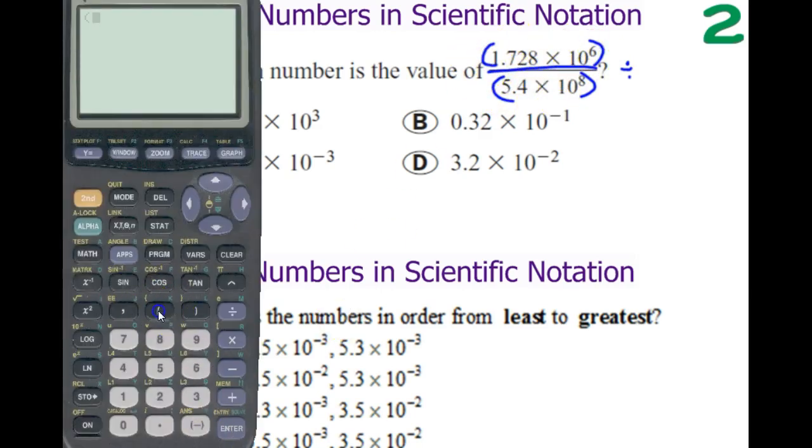So I'm going to plug this in my calculator, parentheses 1.728, and then times 10 to the power of, remember this up arrow means to the power of 6, parentheses, divided by, so I just did the whole top piece, divided by, and then in parentheses the bottom piece, 5.4 times 10 to the power of 8.